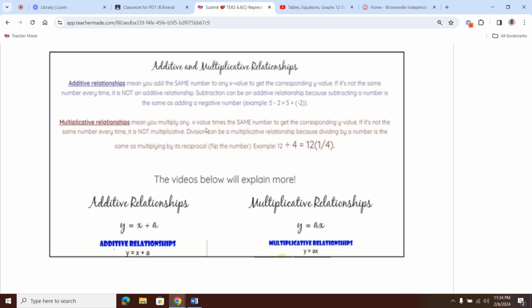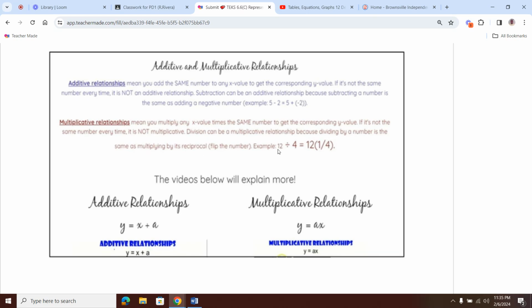Multiplicative is when you multiply the x value times the same number to get the corresponding y value. If it's not the same number, then it's not a multiplicative situation. Division can be a multiplicative relationship because dividing by a number is the same thing as multiplying by the reciprocal.